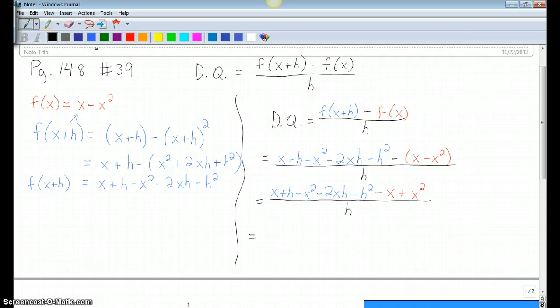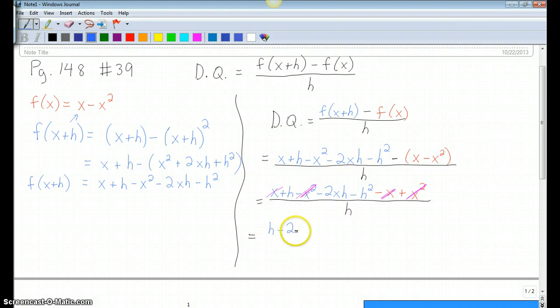So from there, let's see what we can cancel out. We'll use this color. So this x here and this x here cancel out. We have a minus x squared plus x squared, they cancel. It looks like that's all we can cancel, so we'll rewrite this.